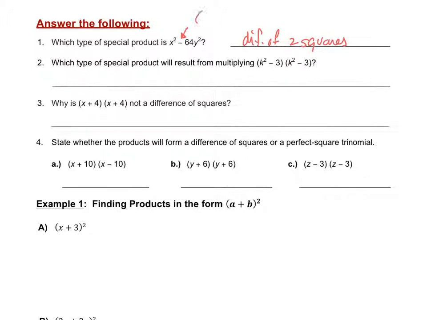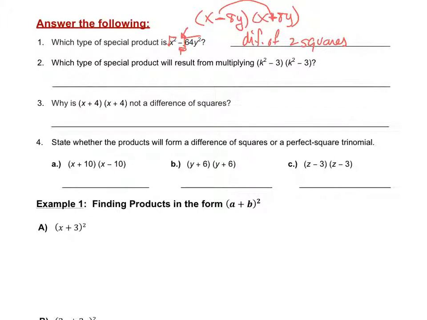This actually started out as x minus 8y times x plus 8y. I know that because I just took the square root of each one. Square root of x squared is x, square root of 64y squared is 8y. And if you multiply this minus times this plus, at one point you'll end up with a negative.